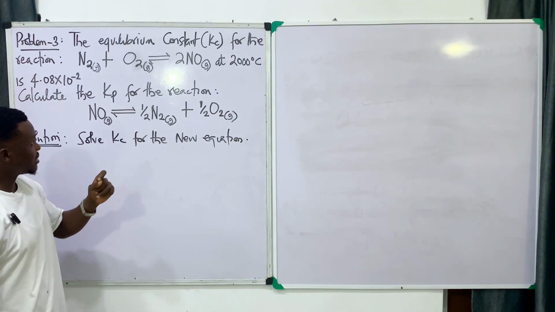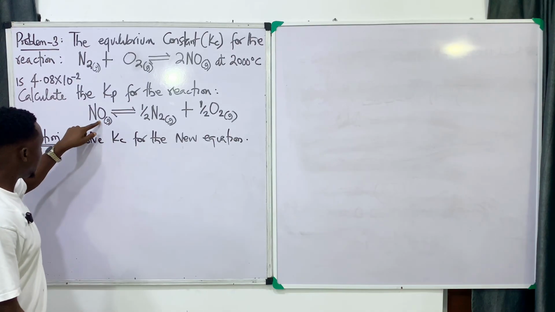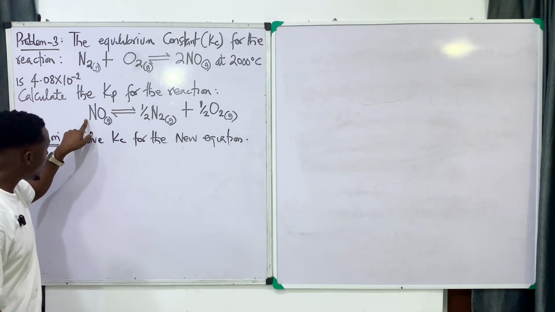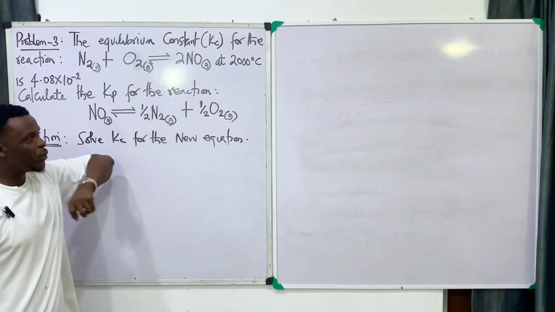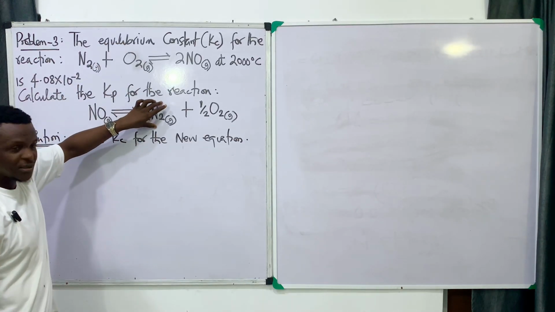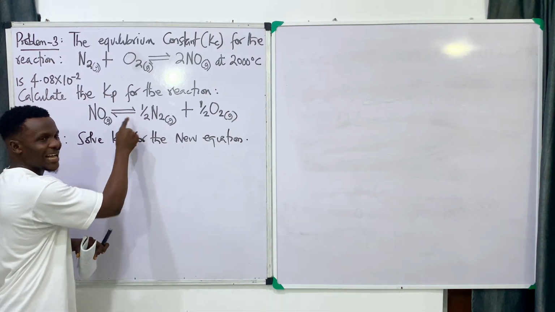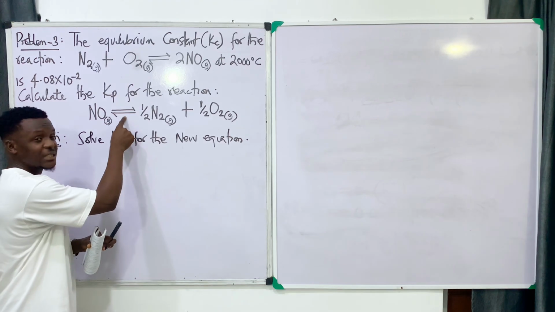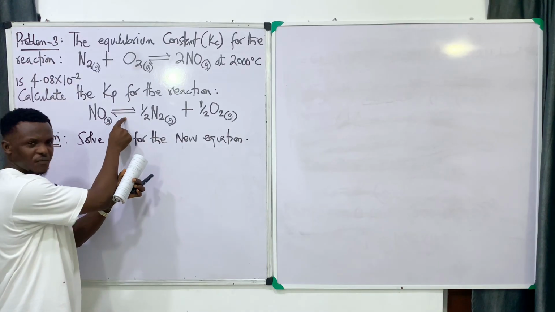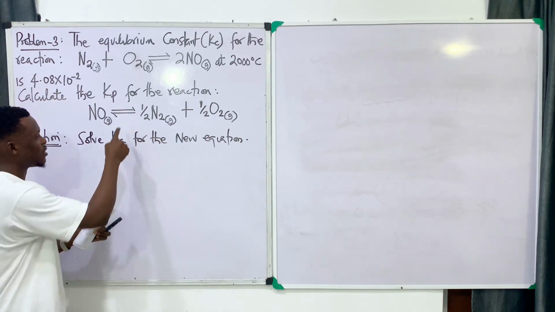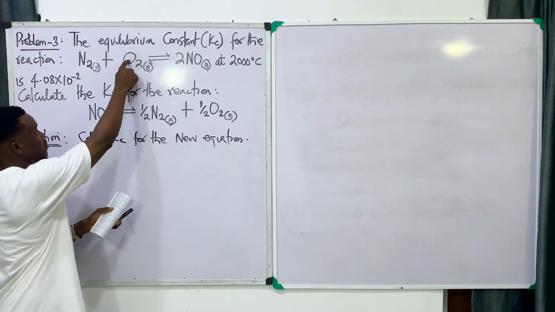So the first thing we are going to do is look at this NO. In the equation we are asked to find the Kp for, the NO is on the reactant side, 1 mole. But in the one that they gave us, NO is on the product side, 2 moles. So we need to make this particular one look like this so that we can get the equilibrium constant for this. In other words, I want to solve for the Kc of this one first. Once I've gotten the Kc of this one, it is very similar to those previous examples we did before. So once I've gotten the Kc of this, I can now start talking about solving for the Kp. So how do we get the Kc of this one? We're going to get it using this.